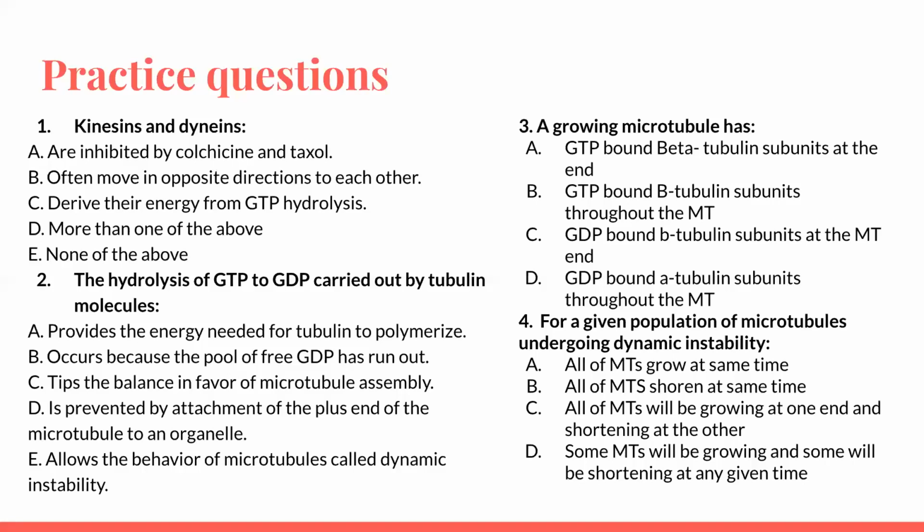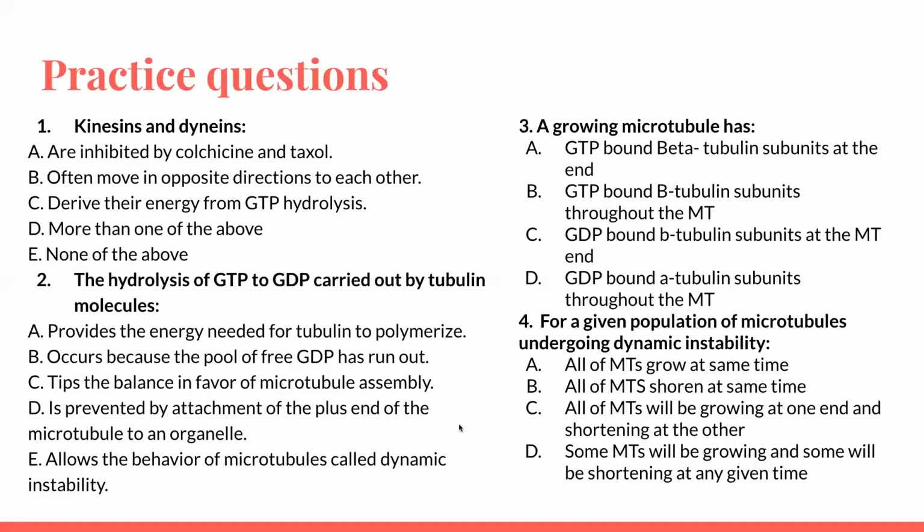It wouldn't be A because it doesn't provide the energy, because tubulin already has that intrinsic GTPase activity. That's the reason I would not say A. I don't know, Jason, what you think. I don't exactly know, I just know that's not the case.